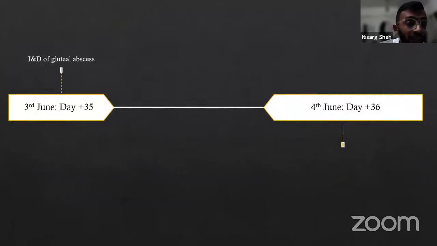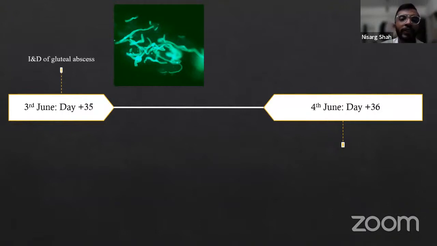Now, fortunately, under platelet cover, the surgeon agreed to perform I&D of the gluteal abscess. This was the calcofluor stain. It was showing broad aseptate fungal hyphae.